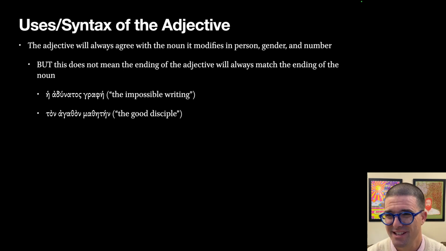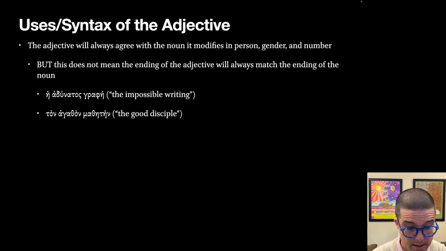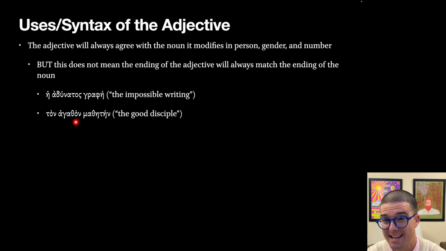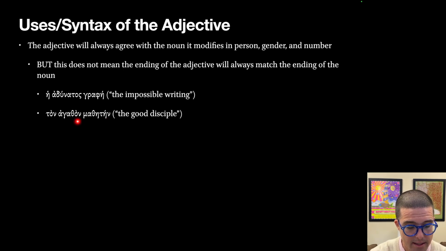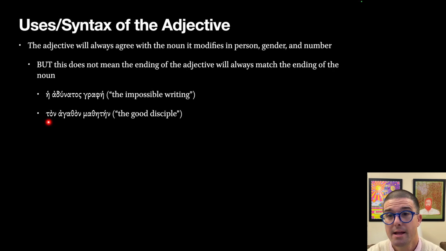And the named disciples in the New Testament are also usually masculine with respect to biological gender as well, or biological sex, I should say. In any case, this is going to be an accusative masculine singular. It looks the same as this accusative masculine singular ending for the adjective, though the ending for the noun looks different because mathetes is a masculine noun that uses first declension endings. So even though this ending doesn't look like these two endings, we know all of our grammatical information here from our really good friend, the definite article.